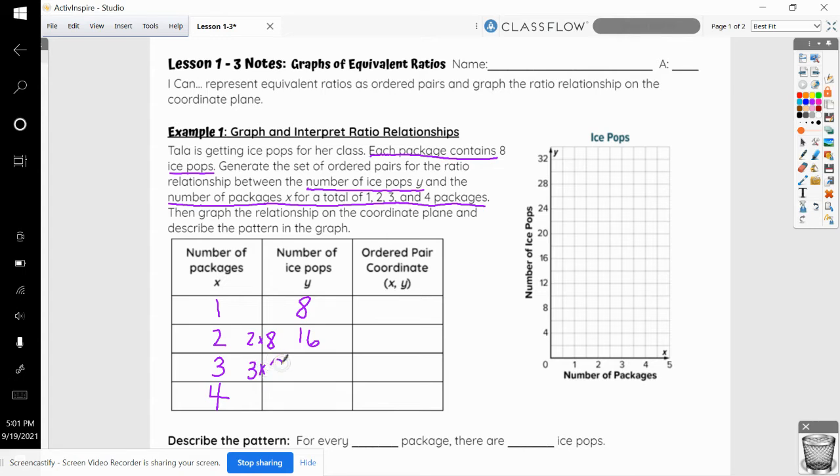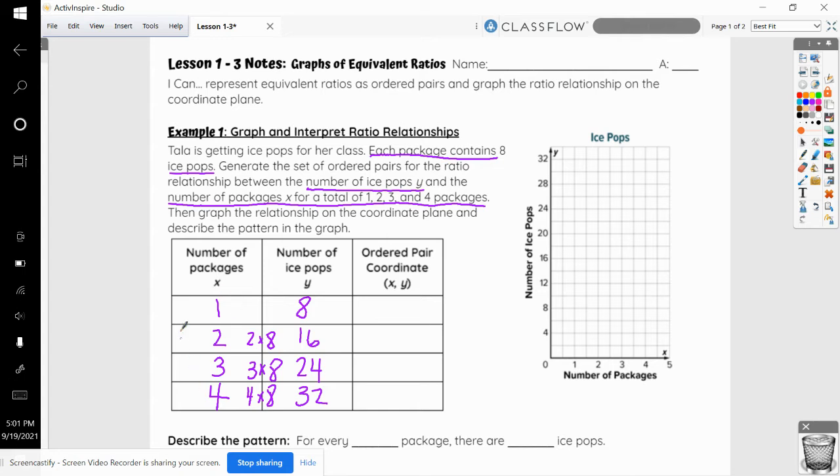Each of them has 8 ice pops. So 3 times 8 is 24. You're going to notice that we're just adding on 8 each time because I'm adding on 1 package each time. So when I have 4 packages, I have 4 packages of 8 ice pops, and 4 times 8 is 32.